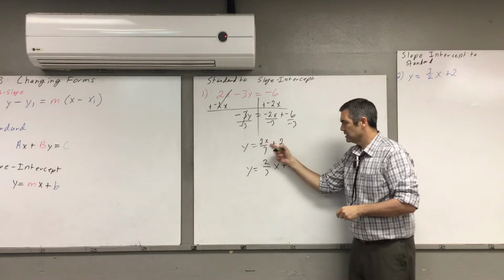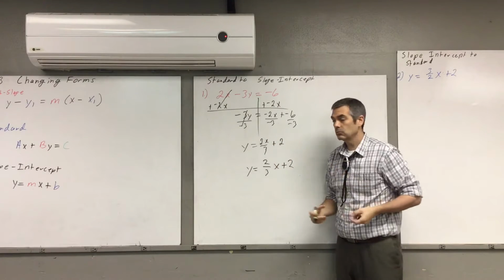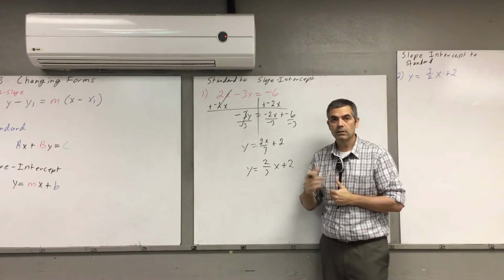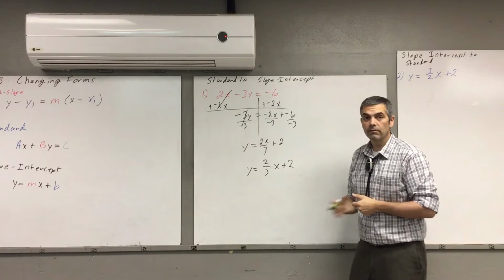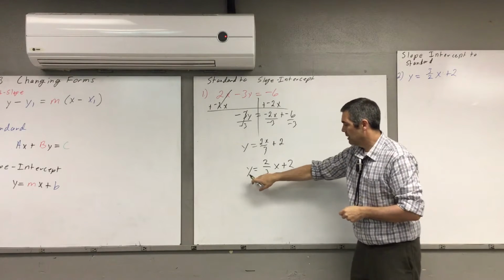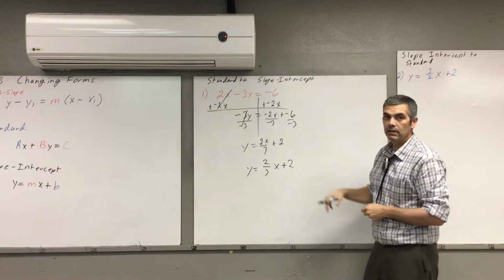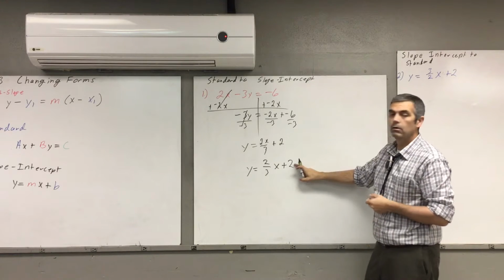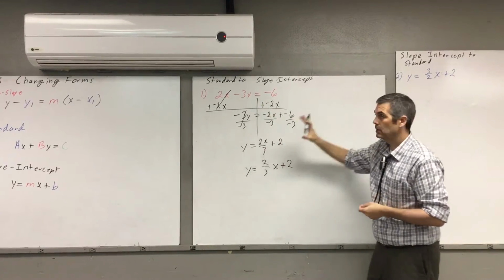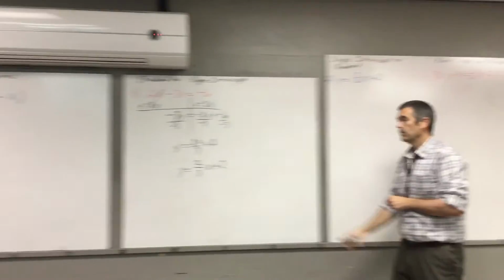I pull that down to the side because of our fraction rules, and if you have a question about your fraction rules, look at one of my videos on that, or look up fraction rules. So, nice little deal. y equals mx plus b. Here's your slope. Here's your y-intercept. Very useful to be able to go back and forth between these. Standard to slope intercept. Have questions on that?